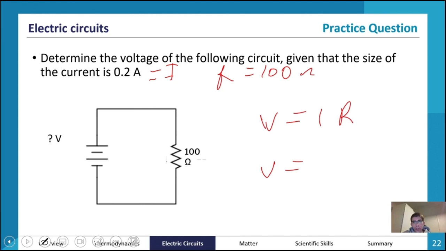We don't have to rearrange, voltage is 0.2 multiplied by 100, which is equal to 20 volts.